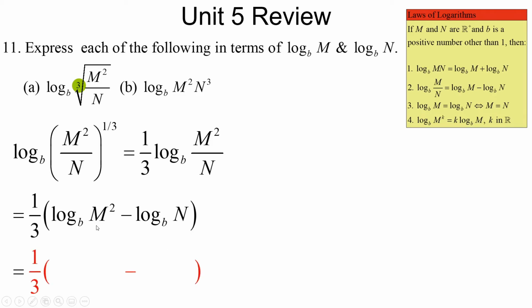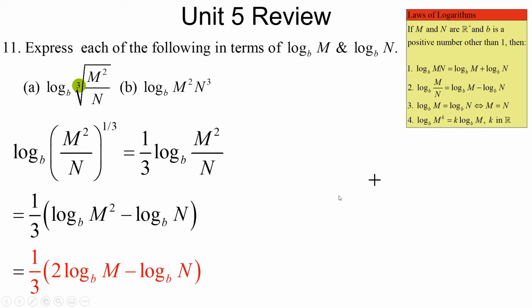So I'm going to go 1/3, and I'm going to write now the log base b of m squared as 2 times the log base b of m minus the log base b of n, and I'm going to leave it just like that. That is beautiful, and I have this expression, which is kind of ugly, in terms of simply the log base b of m minus the log base b of n. So that has answered the question.